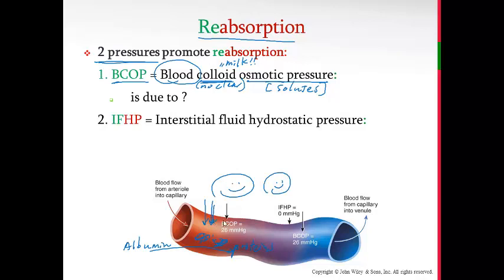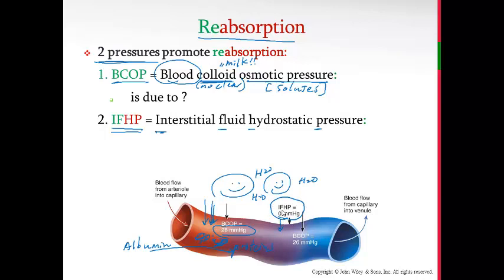This is about 26 millimeters of mercury. The other one that helps with reabsorption is the interstitial fluid hydrostatic pressure, because there is water in between your cells as well. Some of it helps push fluid back in, but it's quite little, sometimes close to 0 millimeters of mercury.